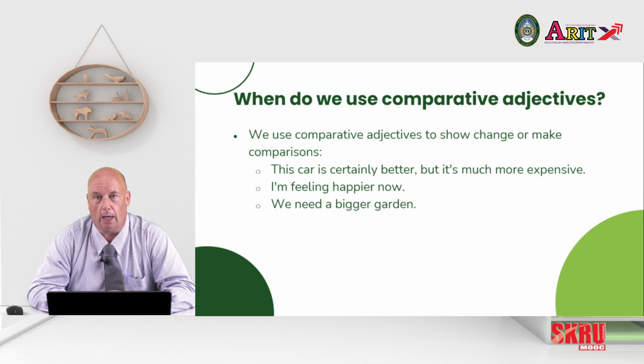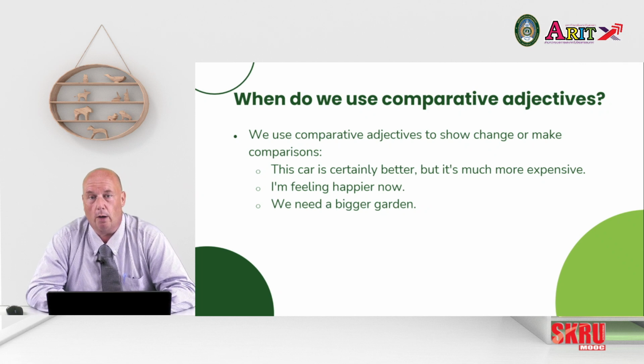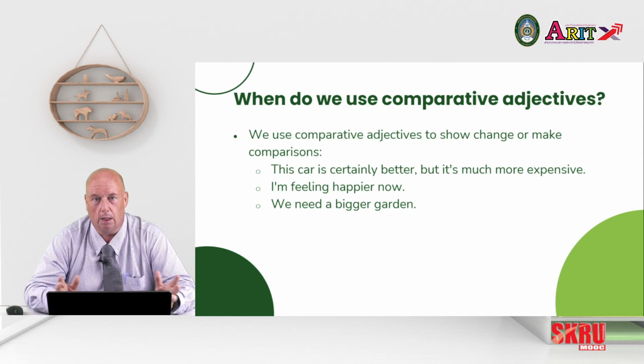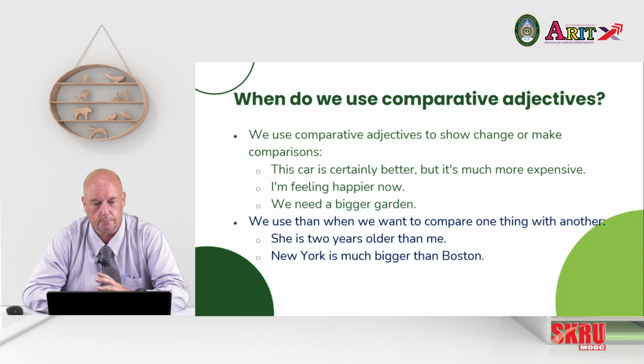I'm feeling happier now. That shows change. I wasn't as happy earlier today. I was a little less happy. Now I'm happier. We're showing change. We need a bigger garden, something larger in size than the garden we have at the moment.